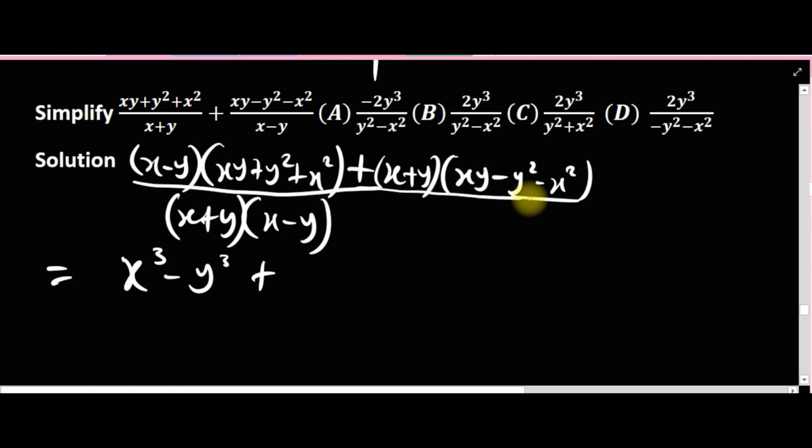Now I can write this as minus, because this is negative, so we can bring the negative out. So this will be x plus y, and I'll have x squared plus y squared minus xy.